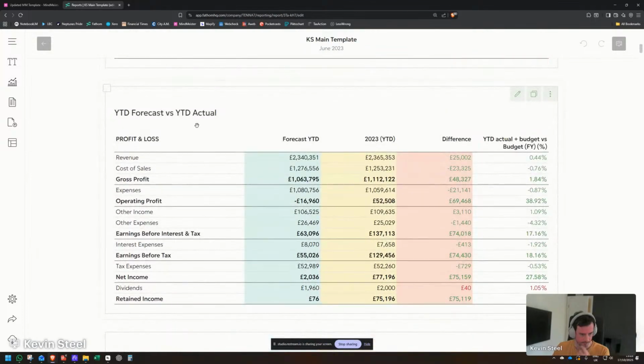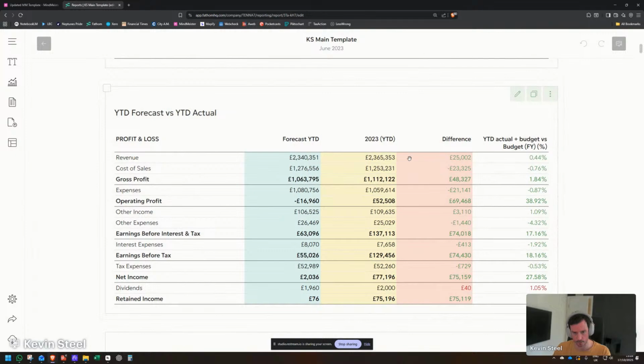Then what we do is a year-to-date forecast versus a year-to-date actual. If we were using the most recently completed calendar month, our forecast year-to-date when we first did our forecast, so our forecast from January to September, was this figure, but actually at the end of September, we achieved that. This is the difference. Then we would dig into a bit more detail on the variances.